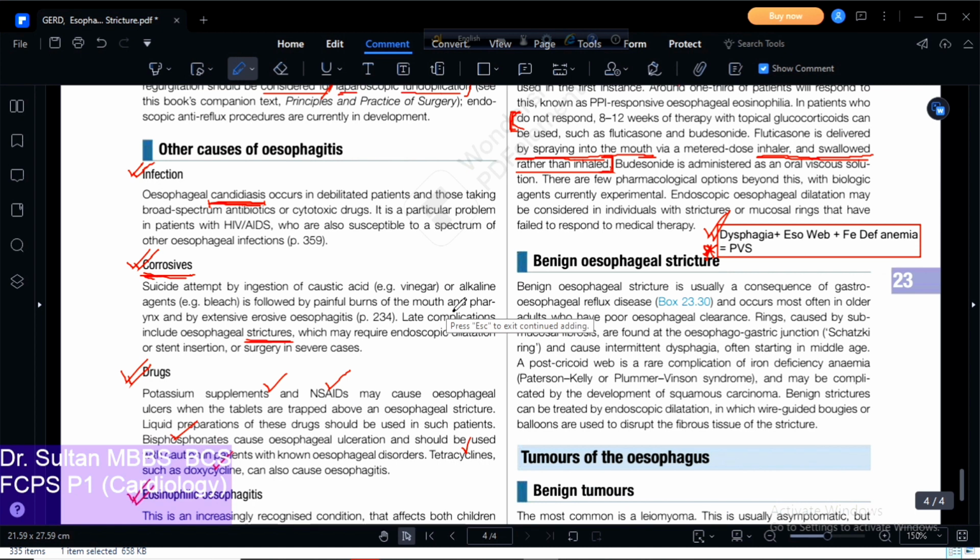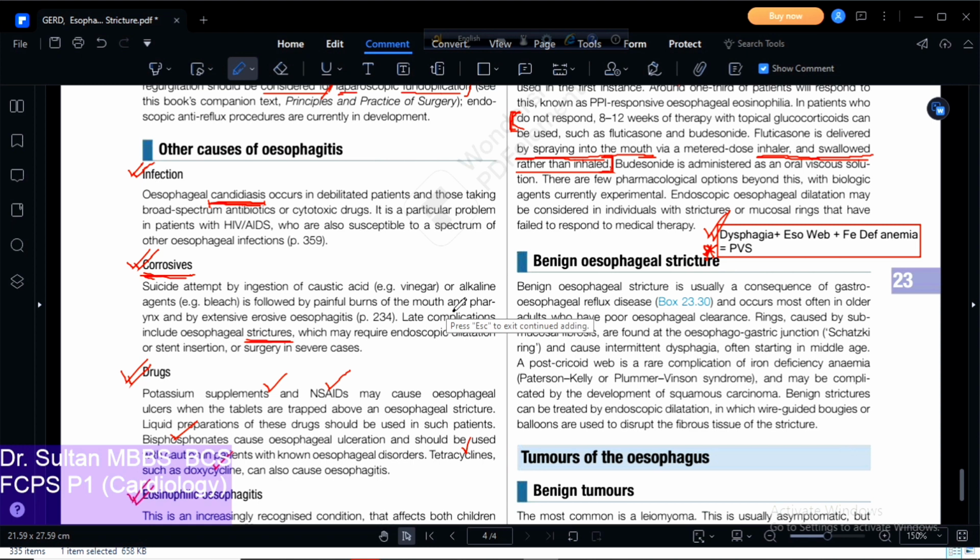So you see, reflux disease is a form of esophagitis. So what are the other causes of esophagitis? There can be infection, like candidiasis, that can be associated with AIDS.